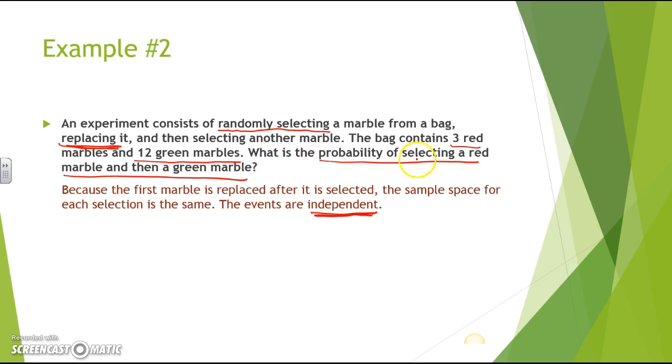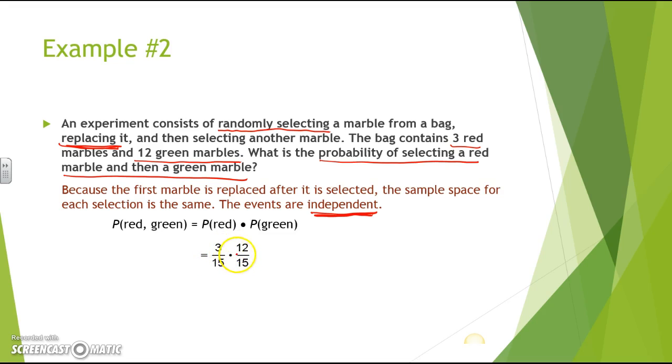They want to know the probability of selecting a red marble and then a green marble. So we have 12 green and 3 red. What we have to do is find the total amount of marbles in the bag. So we add 12 plus 3, which is going to give me 15. So the probability of selecting a red times the probability of selecting a green: red is going to be 3 out of 15, which is the likelihood of pulling a red.